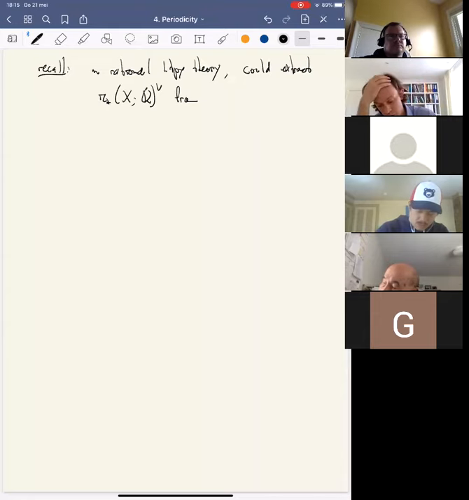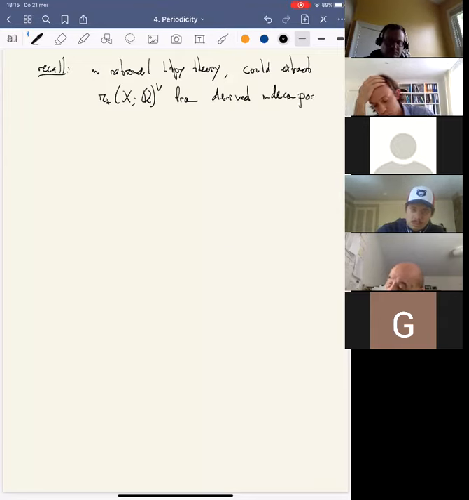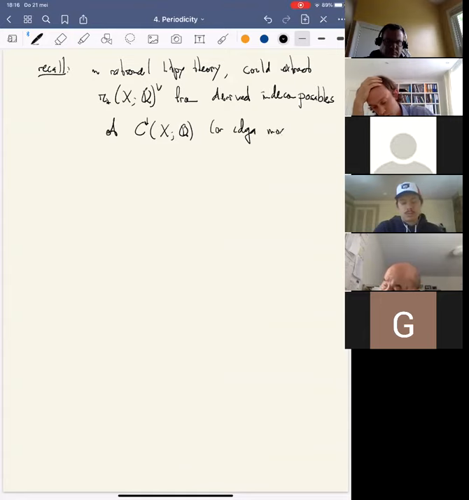From the way I phrased it in the first lecture, you could take the derived indecomposables of cochains of X with coefficients in Q, or maybe I should really say some CDGA model of it, for example Sullivan's polynomial forms, or piecewise linear forms.